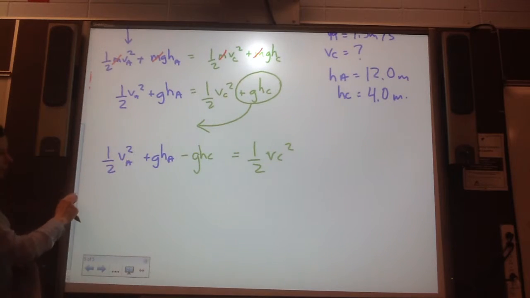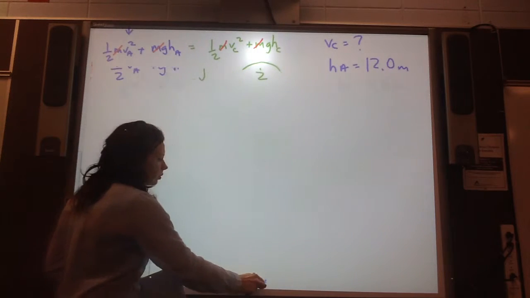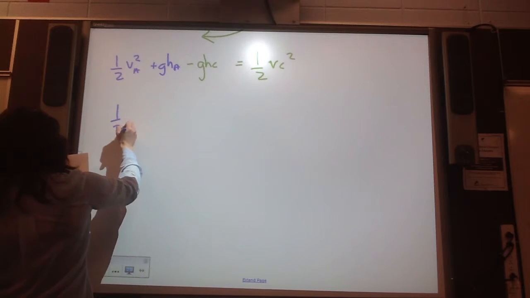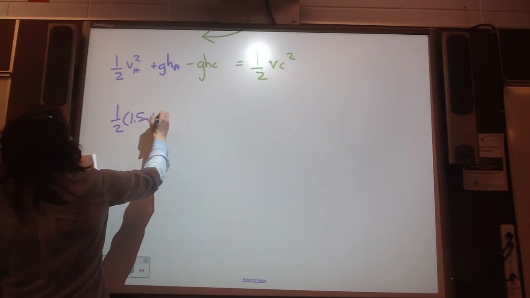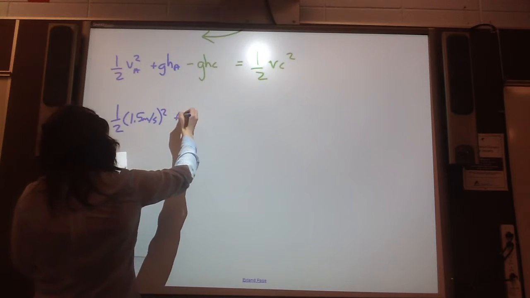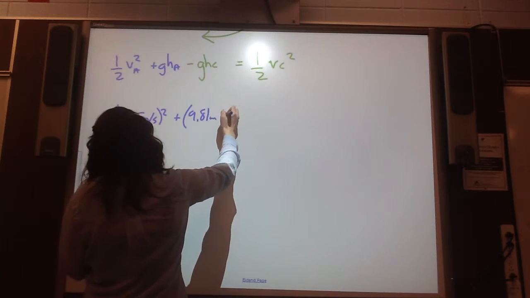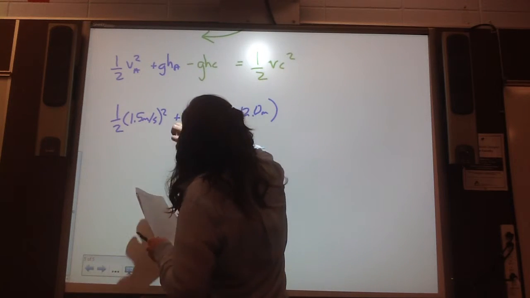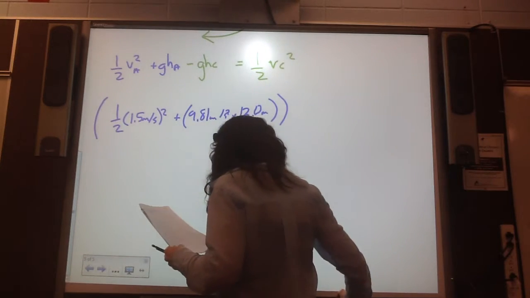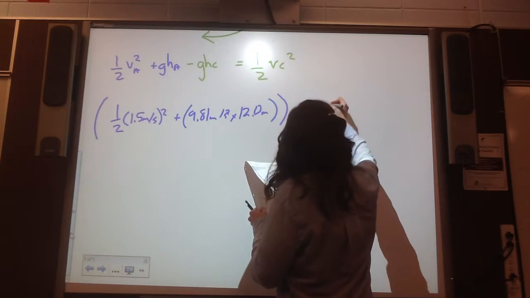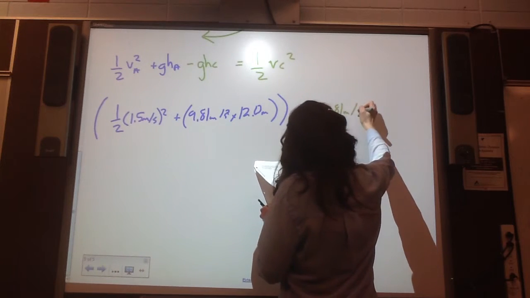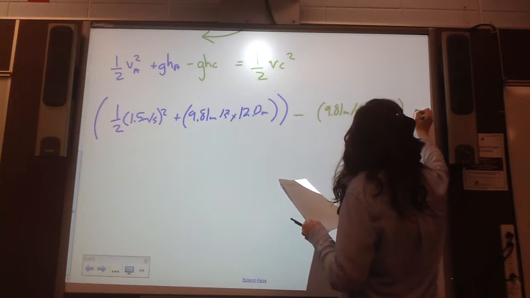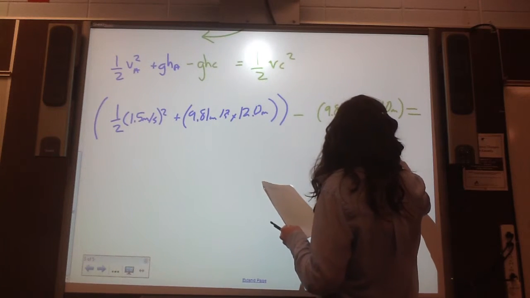So let's plug in and solve for this information, and then we'll rearrange to solve for VC. So half times 1.5 meters per second squared plus 9.81 meters per second squared times 12.0 meters, all of that, minus 9.81 meters per second squared times 4.0 meters is equal to the half VC squared.